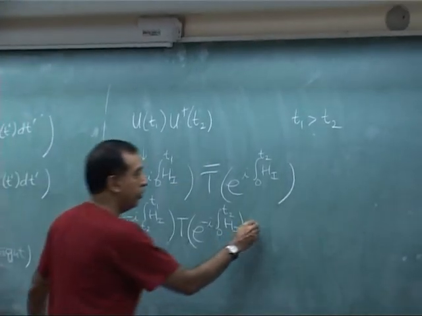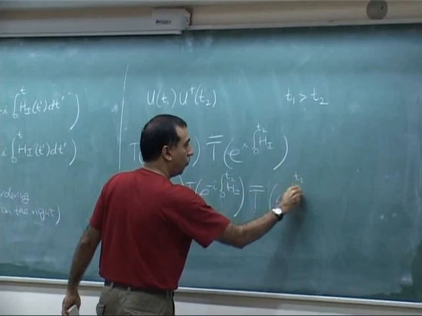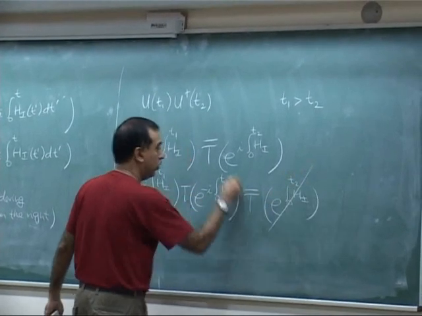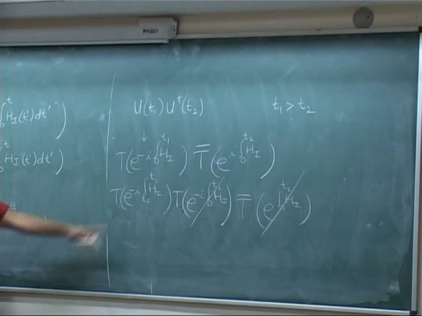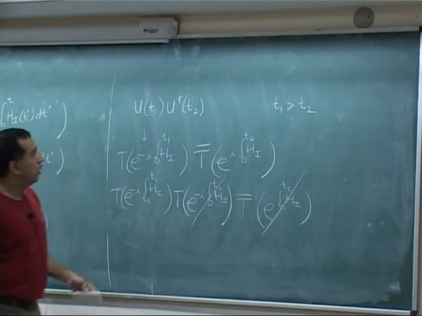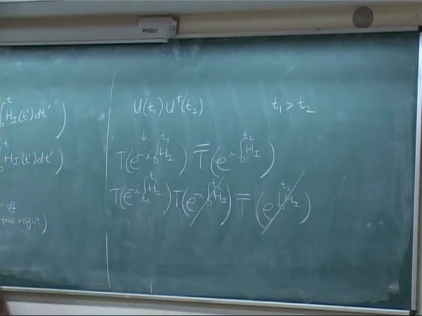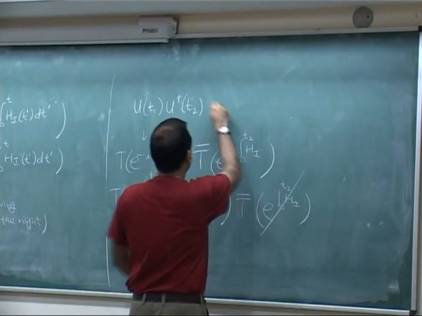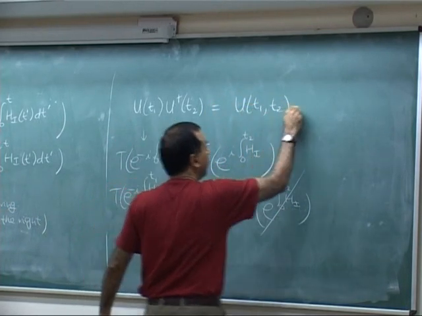But now if I multiply with this, then these two of course cancel each other because they are dagger of each other, and I'm left with the nice result that u of t1, u dagger of t2 is this quantity, which I can give the name u of t1 comma t2.